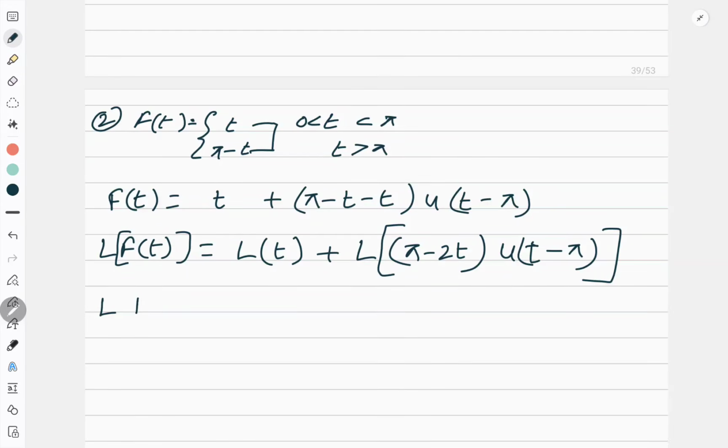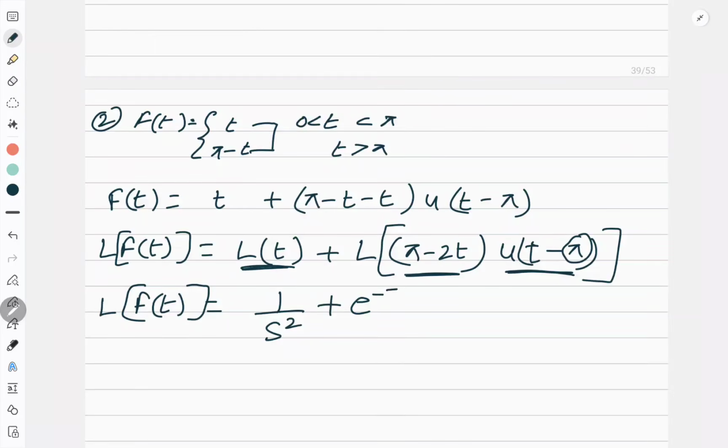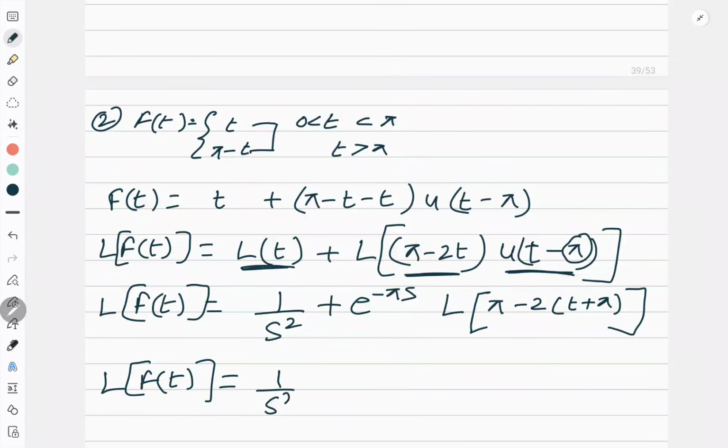Okay. So L of f t is equal to, what is L of t? 1 by s square plus Laplace of a function with unit step function. What is a here? Pi. So e to the power minus pi s. And Laplace of the function, but in place of t, I should write t plus a. So t plus pi. Correct? So Laplace of f t is equal to 1 by s square plus e to the power minus pi s.